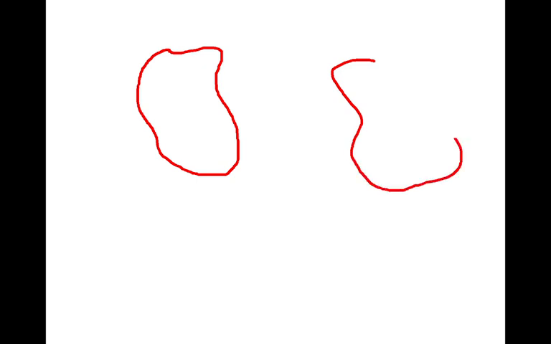Another weakness of k-means is that it cannot discover non-convex clusters, right? So for example, this is a sort of convex cluster, but this is a non-convex cluster, right?